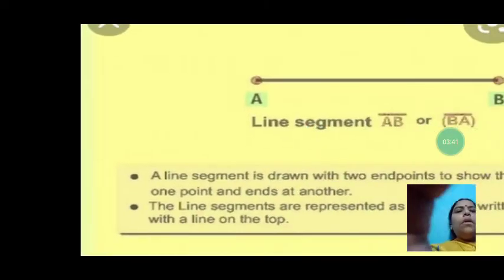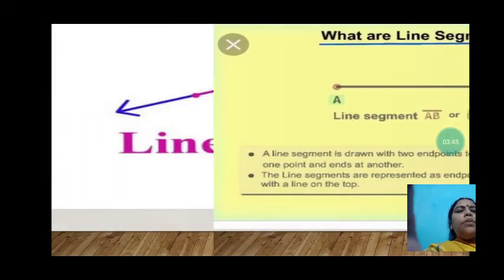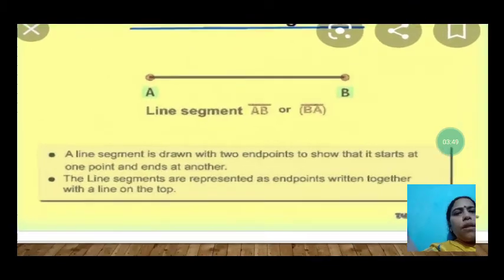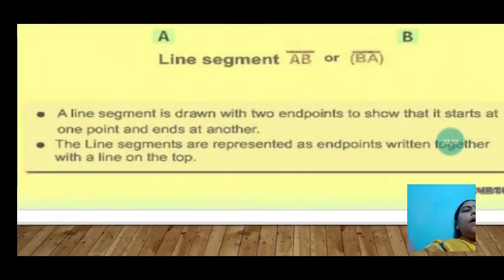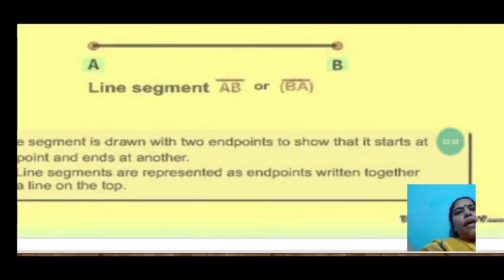Now line segments are represented by their end points written together with a line on the top. As you can see, how is AB written? It is written AB with a line at the top, and in BA also there is a line at the top.